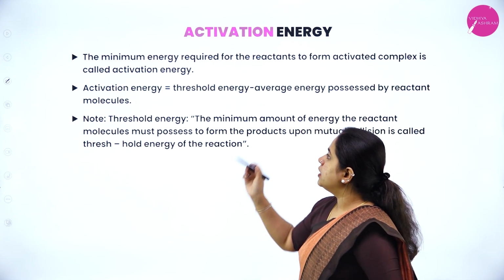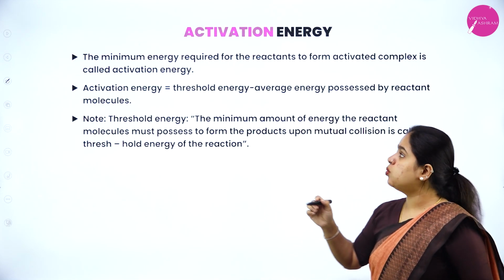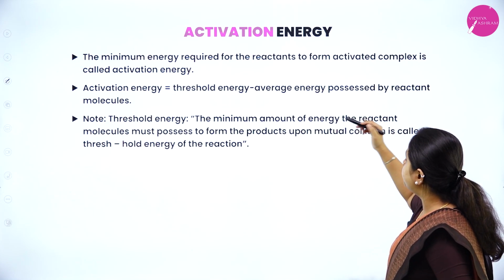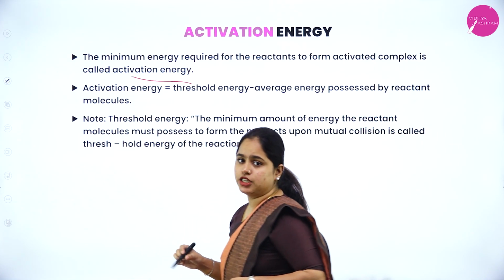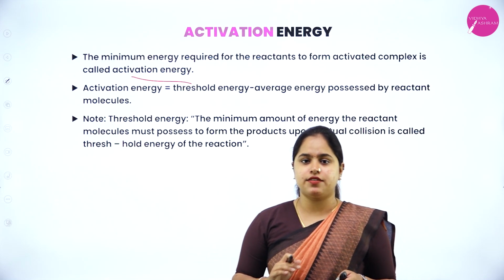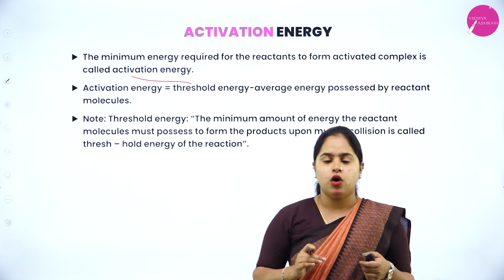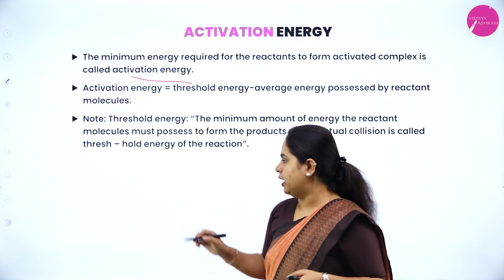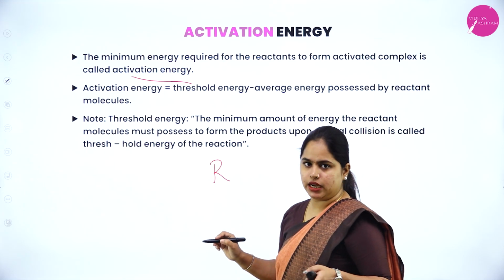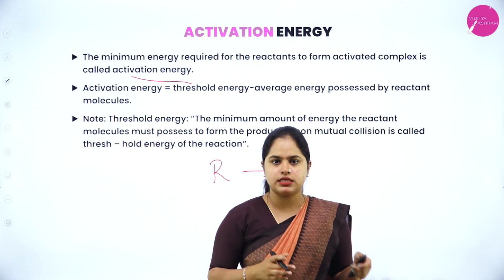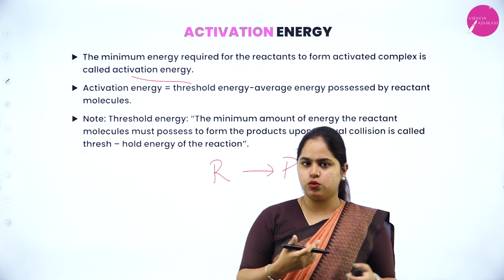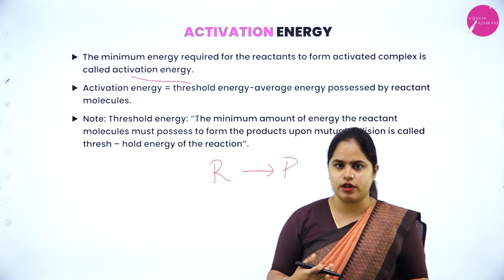The minimum energy required for the reactants to form the activated complex is called activation energy. Now we are going to see what activation energy is. Let's take a reactant R that forms product P. We know that reactants combine, get used up, and finally form the products.